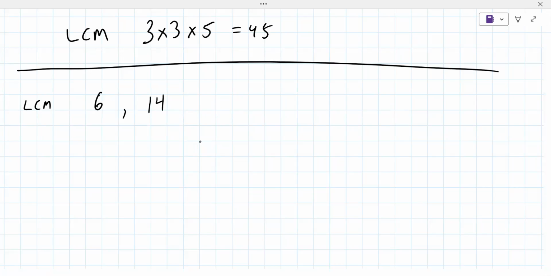So for 6 it would be 2 times 3, and for 14 it'd be 2 times 7. Go ahead and start with the smaller number and tell me what you come up with. 42. So your least common multiple is 42, and that is correct.